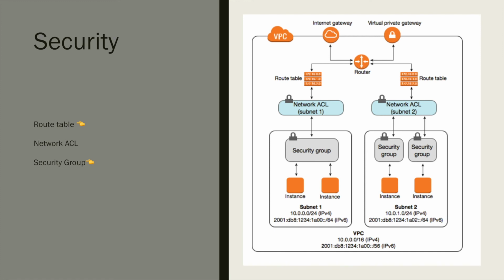The network ACL is the same concept as in a previous physical network, using an ACL to control access. But for the AWS VPC, usually we only suggest using the route table and the security group. That's already enough. NACL is only used for backward compatibility.